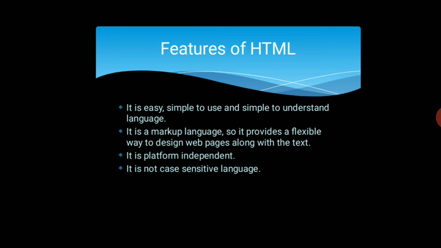Platform independent means it does not require any particular software, like you need not install any particular software from the internet. Like for C++, C, you need their compilers, but for HTML, you do not need any extra software. You can do it in Notepad also.